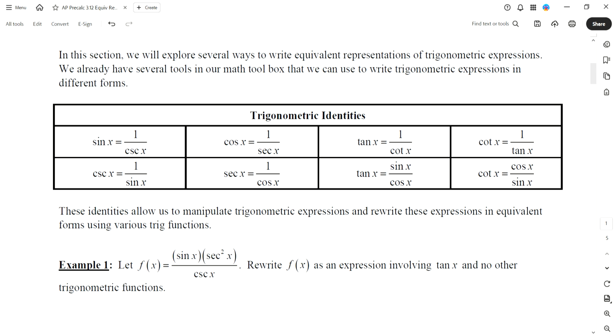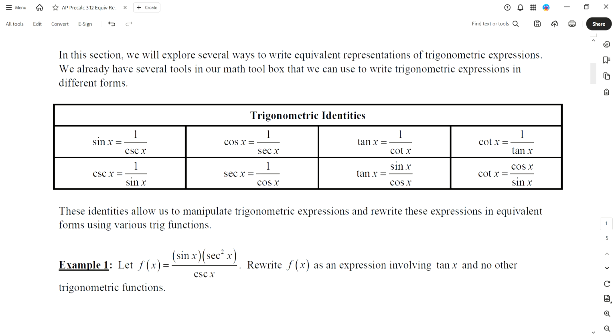You didn't know what the most simple expression would be. Here's where this is different, not just in these notes and in the homework, but on the AP exam as well. They tell you how you should finish. So we're going to use these identities to manipulate and rewrite these expressions in equivalent forms.